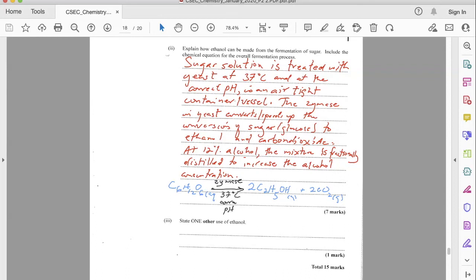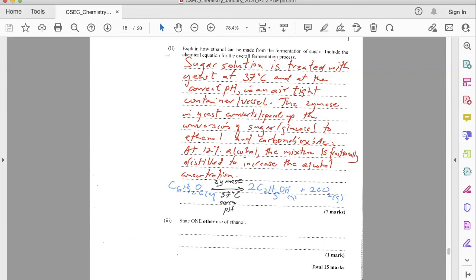All right, and in the last part, for the last mark to give us the full 15, state one other use of ethanol. We cannot state any of the uses that were already given. They stated that it's used as a solvent in the manufacturing of perfumes, so we'd have to give another use.